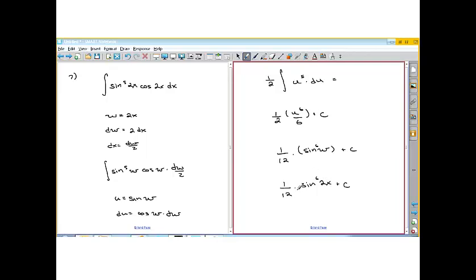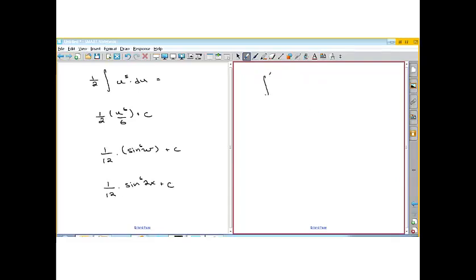We end up with this factor of 6 because of this integration. We've ended up with a factor of 2 here because of the fact that we have the sine of 2x instead of just the sine of x. If we had originally the integral of the sine to the fifth of x cosine of x dx, the answer ends up being 1/6 instead of 1/12, the sine to the 6th power of x plus c.